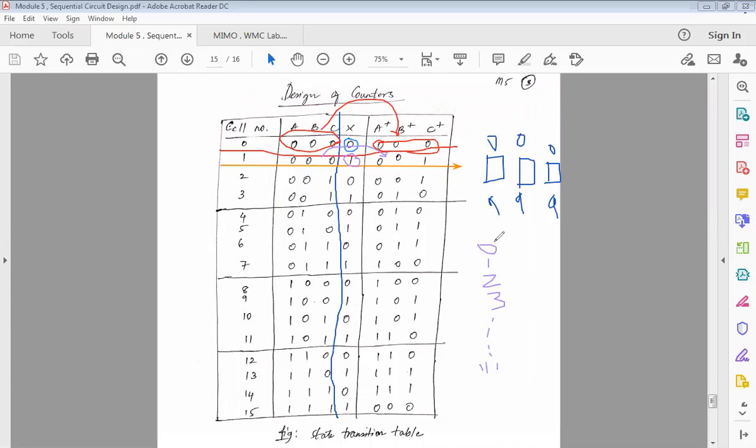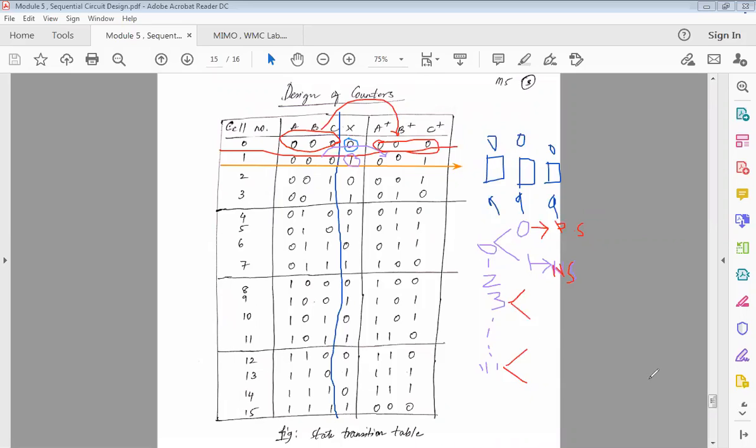So when it's in 0 state, I have to check if the input is 0 or if the input is 1. If the input is 1, it will go to the next state, NS. If it is 0, then it will be in the same state, which is the present state. So for every value, I have to keep checking for 0 and 1.